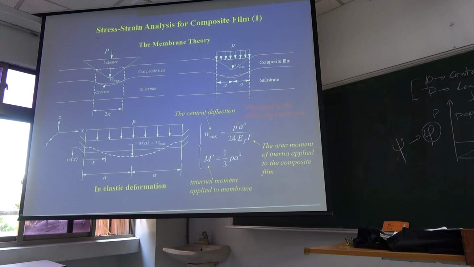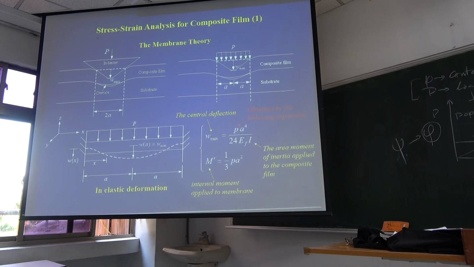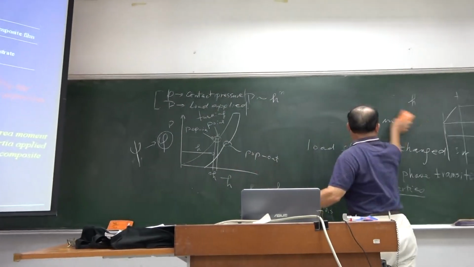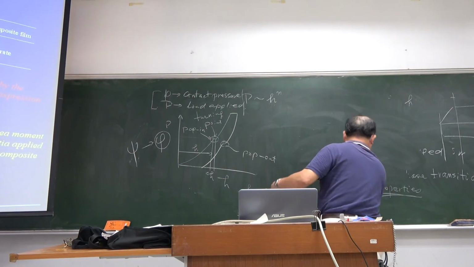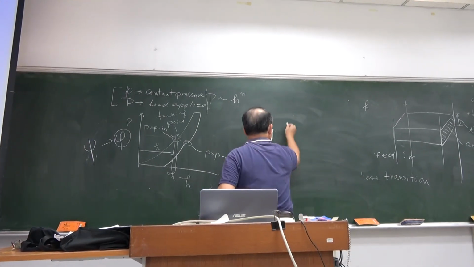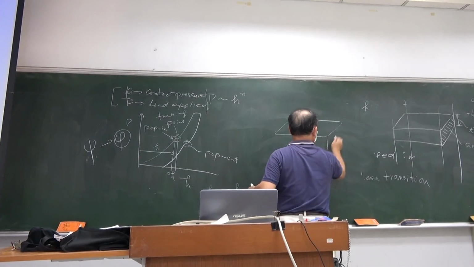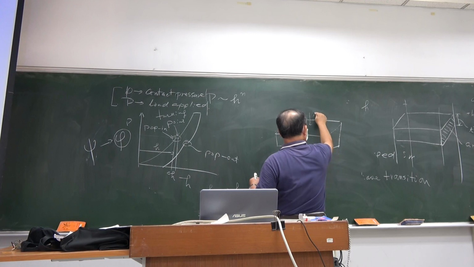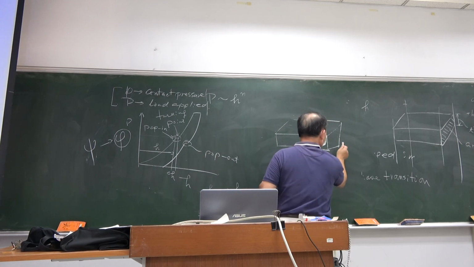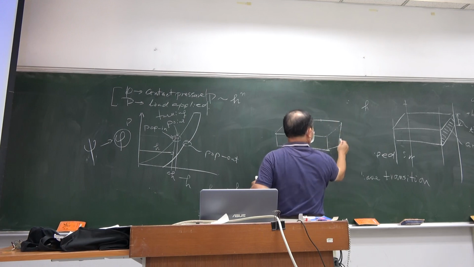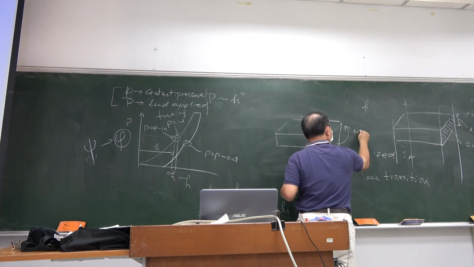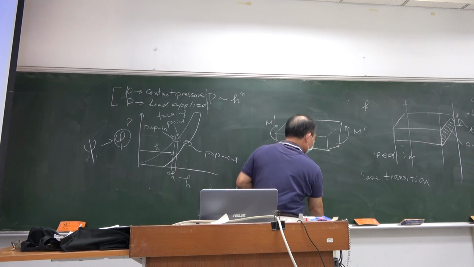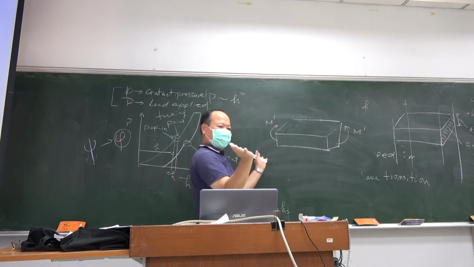We can assume this uniform pressure acting over the surface is equivalent to the disk. Originally it is small p over the surface, right? We also can, instead of using p, apply a bending moment, M prime, at the two ends of this beam.